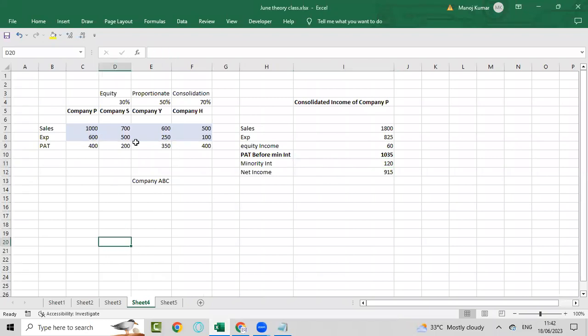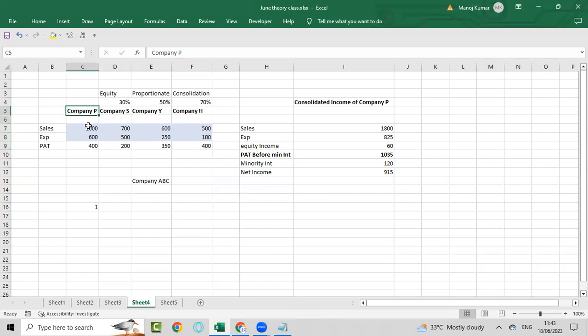Before we continue, I have a question from you. We were discussing about consolidation method. In which situation there will be no minority interest? First concept, in the parent company or in the subsidiary, minority interest will not be there. Minority interest comes when the statements are consolidated.